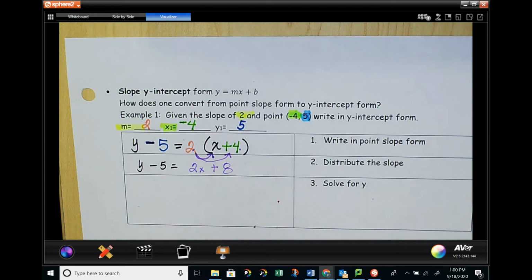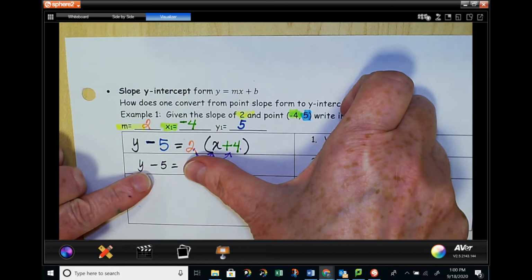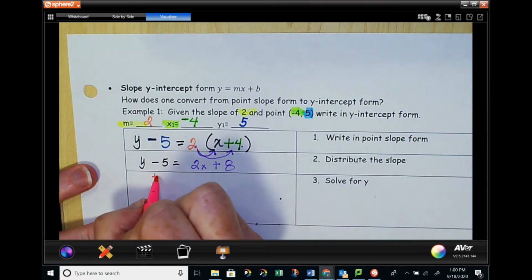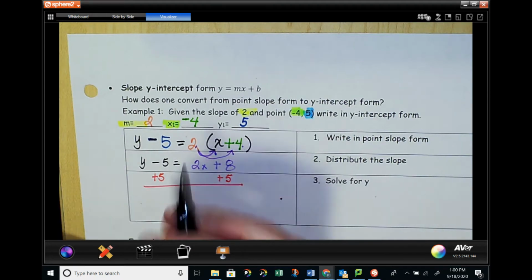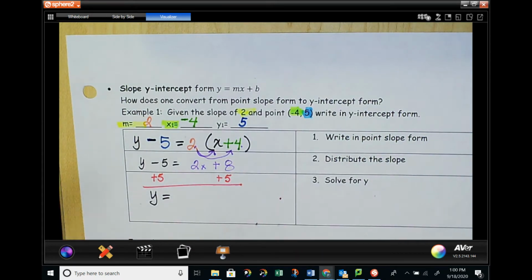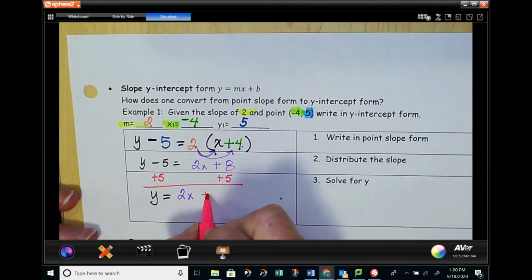Now I have to solve for y. When we solve for y, I'm going to ignore this little piece right here, and instead of subtracting 5, I'm going to add 5. So now I get y is equal to 2x, and then 8 plus 5, I'm having a brain fart all of a sudden, 8 plus 5 is 13.